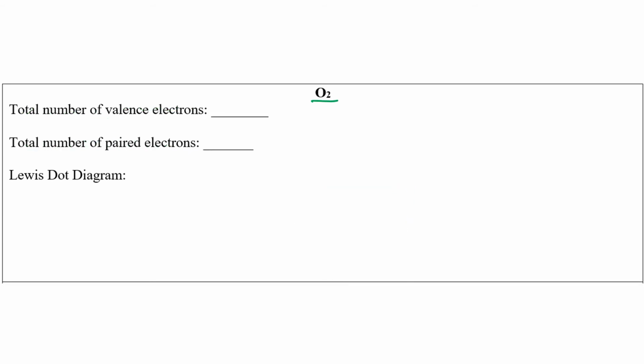Looking at oxygen. Again, we don't need the total number of valence or number of paired electrons. I go straight to the structure. 2 oxygen. The valence electrons for oxygen is 6. So I draw 6 valence electrons. So now I see the single electrons. Those single electrons can make a bond.